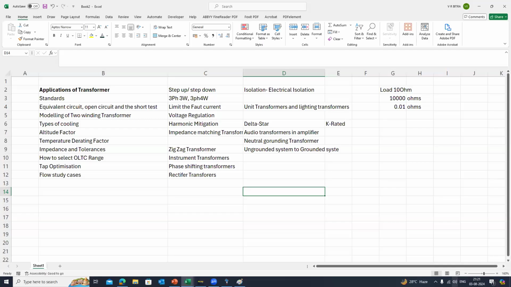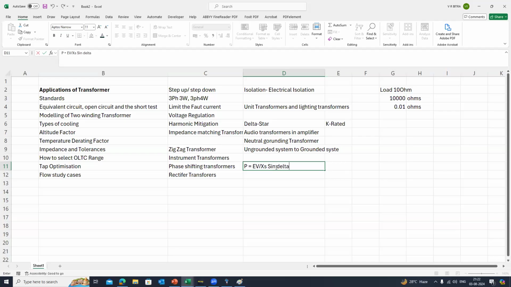So phase shifting transformers, as I told you, are generally used to increase the power flow in the network, like in the interconnected network. Of course, globally, the count of this transformer itself is very less. Basically, a phase shifting transformer is a specialized type of transformer, typically used to control the active power flow. We know the formula, right? P equal to EV by Xs into sine delta.